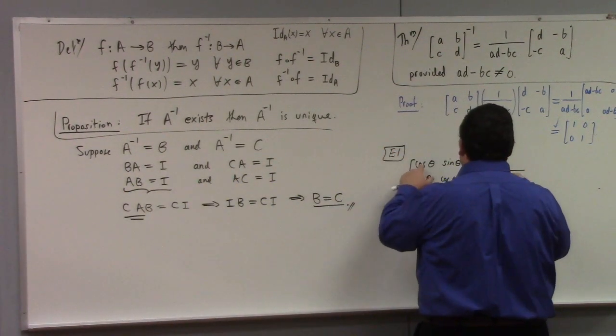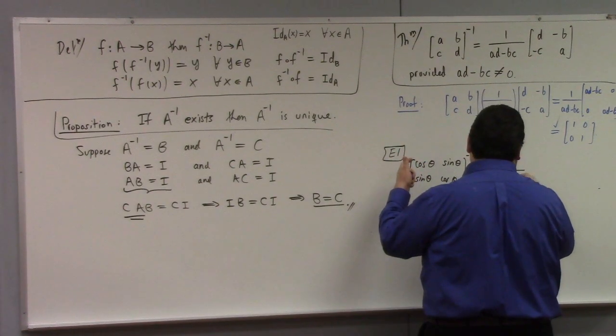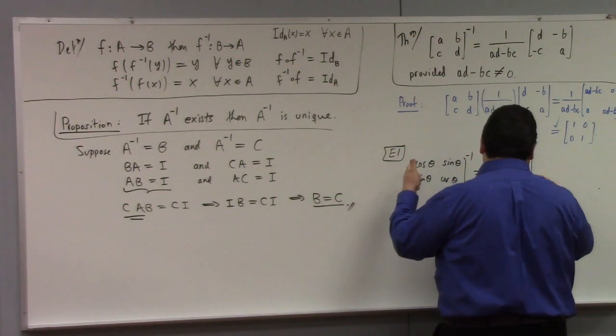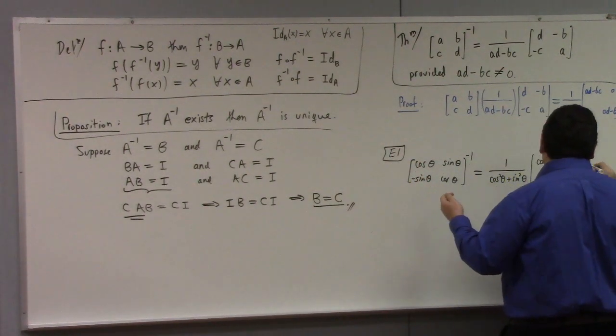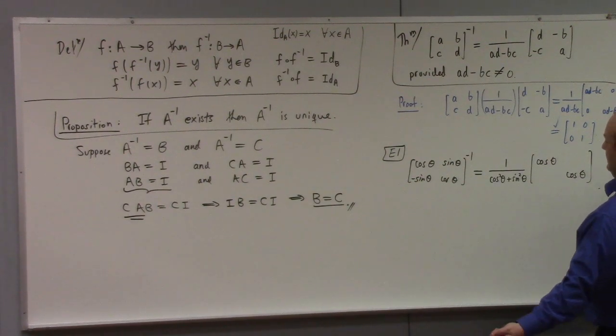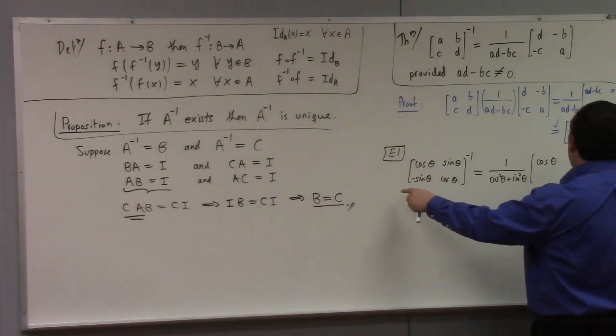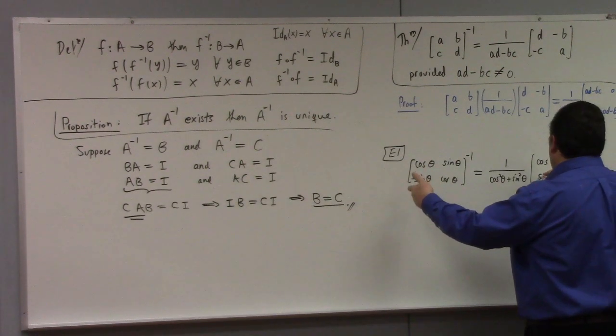And let's see, my AD minus BC is cosine squared theta minus minus sine theta times minus sine theta, anyway, it's plus sine squared theta. So I flip cosine to itself, which is kind of a non-event, and we put minuses on the off diagonals. So I get minus sine theta, and minus a minus sine theta is sine theta.